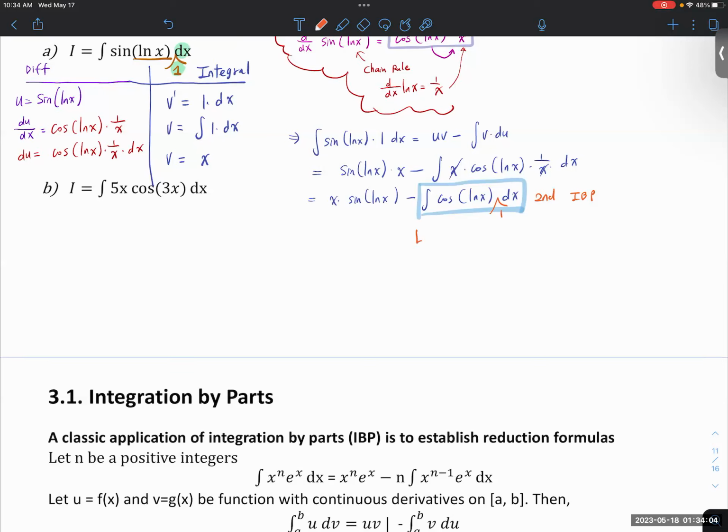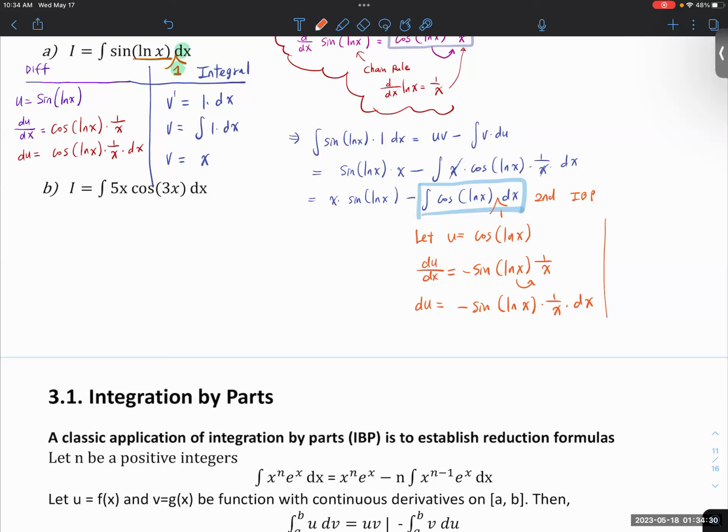So same thing, let u be cosine ln x. By taking the derivative, cosine is going to be negative sine ln x, and you're going to take the chain rule 1 over x of the inner function. So that means du will be negative sine ln x, 1 over x, dx.